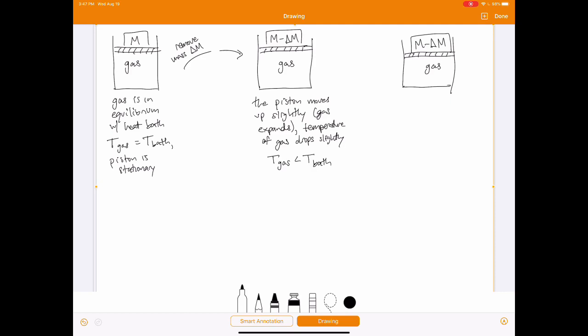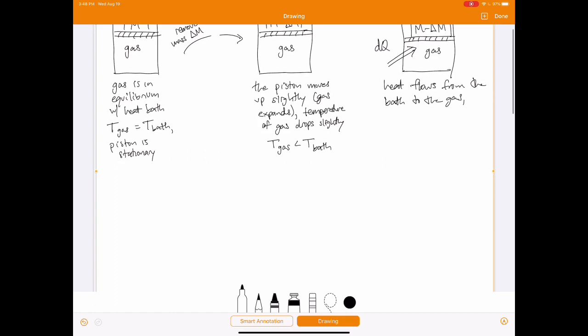Remember, heat will flow from hot regions to cold regions. So we're going to have a little bit of heat flowing into the gas from the heat bath. That's dQ. It's a little bit of heat flow. So heat flows from the heat bath to the gas because there's a temperature difference.